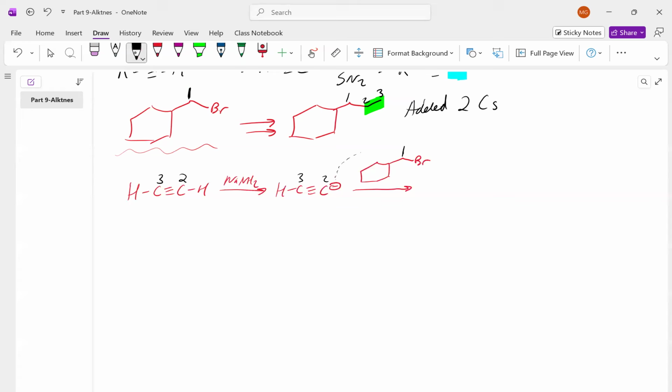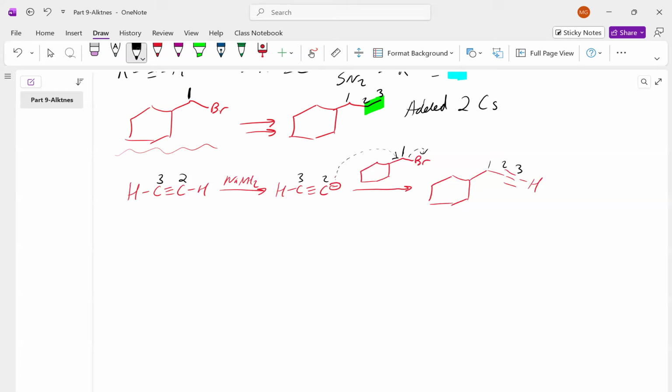You don't always have to show the mechanism. I'm just showing it so that you can see how bonds are forming. So I'm going to connect carbon 2 to carbon 1. And now I have three carbons there. 1, 2, 3. Now I've added my carbons.